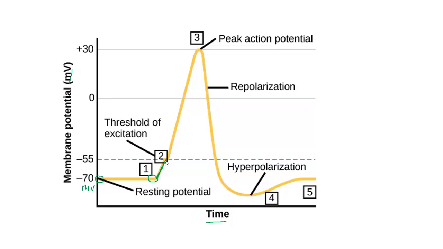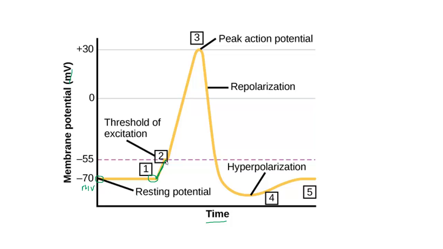Once it is at negative 55, it means that an action potential is taking place. If a stimulus can change your resting membrane potential from negative 70 millivolts to negative 55 millivolts, an action potential is taking place. Therefore, negative 55 millivolts is called the threshold of excitation. It means that an action potential is going to take place.